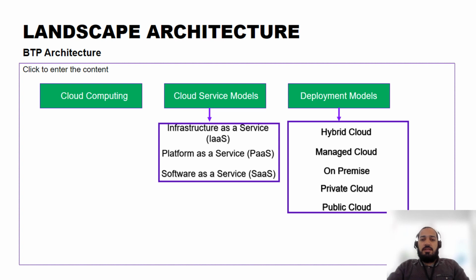There are different deployment models that are hybrid, then managed cloud premises like on-prem, then private, and then public cloud. So we can deploy with different modes. These are the different models of BTP, and it has a separate cloud computing architecture as well.